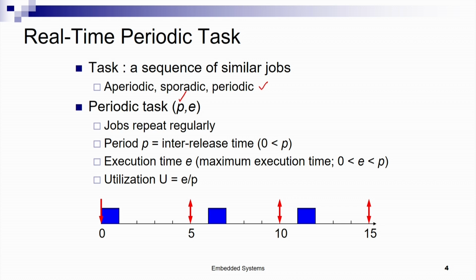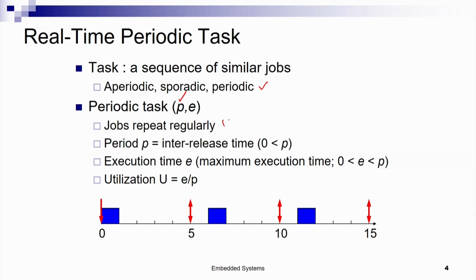So, if the first job arrives at time 0, the next job is going to arrive at time 0 plus p, the third job is going to arrive at time 0 plus 2p, and likewise afterwards. So, jobs repeat regularly. The period p is the inter-arrival time, and it is a value greater than 0.